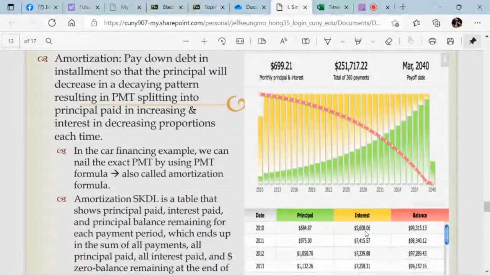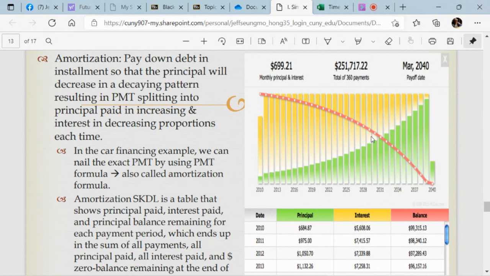The total interest they paid in 2010 was 5,608. Principal paid was 689. If you add them up, it's like 1,600, if the monthly payment is like 700, so this is almost like a 9-month payment.